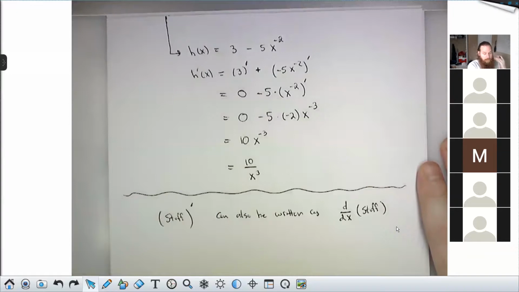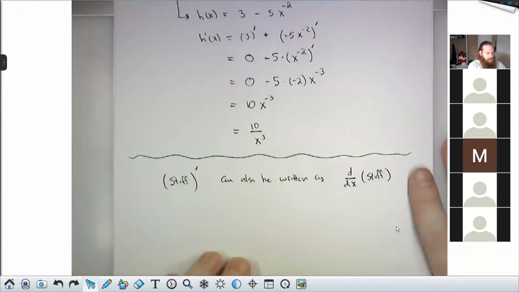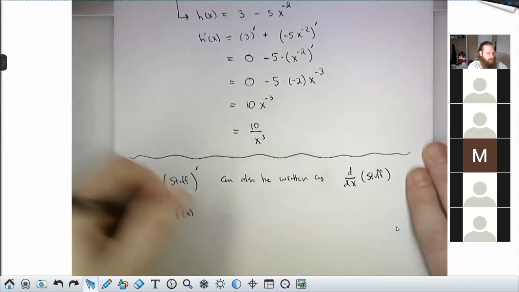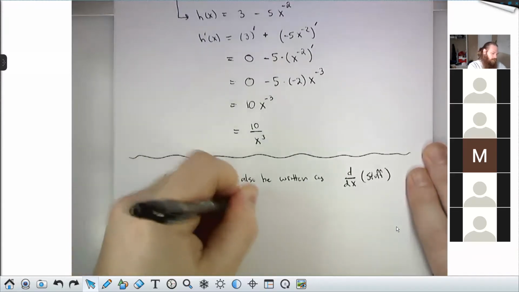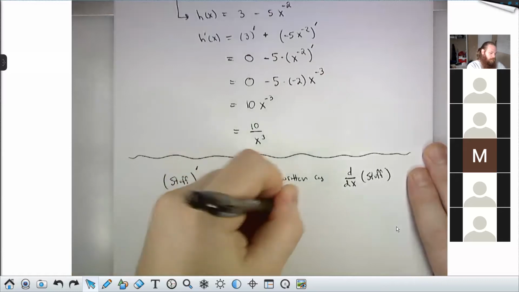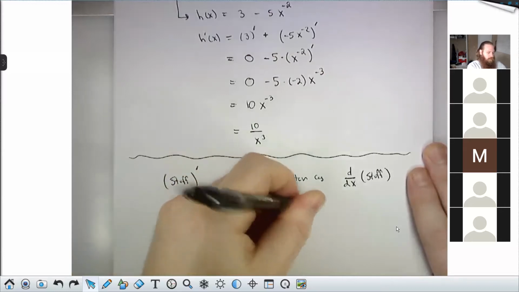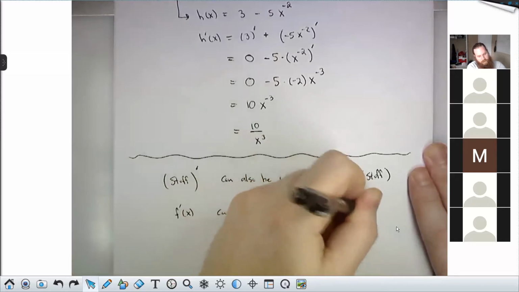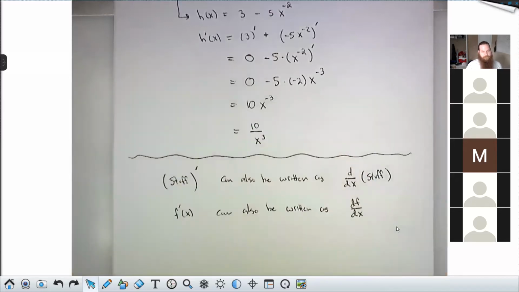These mean the same thing. And f primed of x can also be written as df dx.